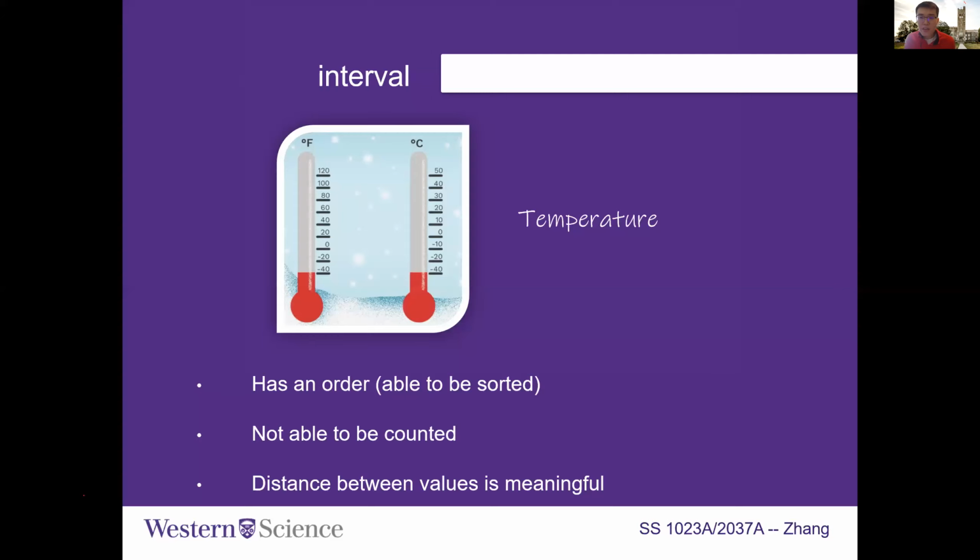Doesn't temperature have an absolute 0? My point is that our definition of the 0 here is very subjective. This is defined by us human beings, right? Unlike your height, where 0 is 0, 0 means nothing. But for temperature, does 0 mean nothing?